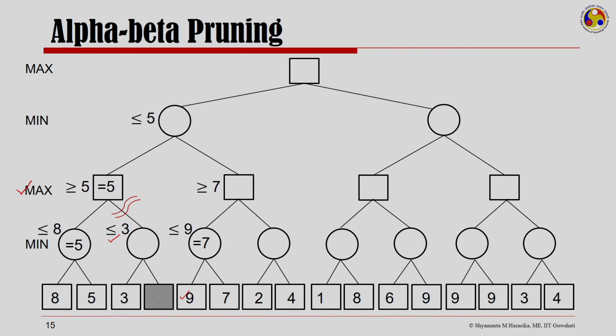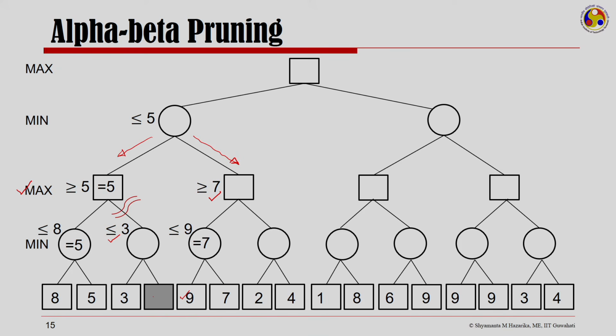This 7 is backed up, and I have the max value which is greater than or equal to 7, and now there is an interesting realization, which is that if min comes this side, it would have values which is 5, but if it follows this, arrives at this node, then all min will have are values which are greater than or equal to 7.